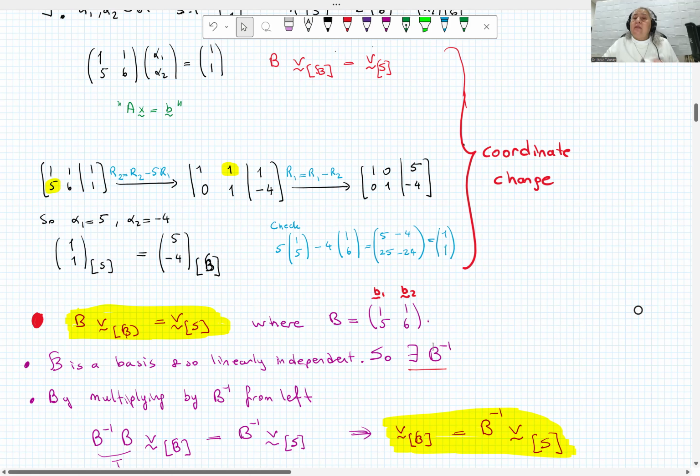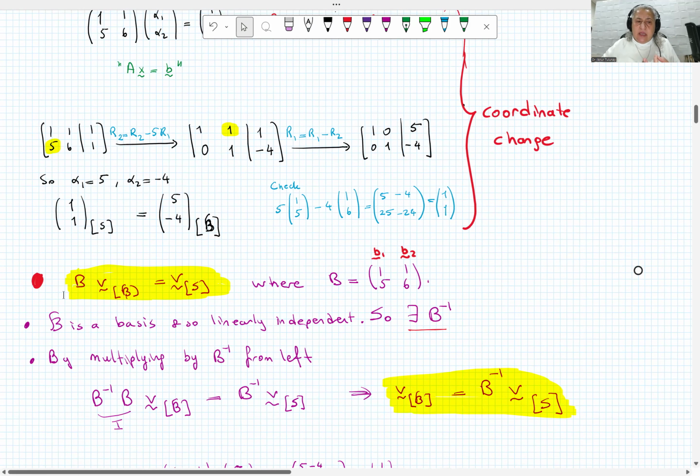Since there exists a B inverse, we can multiply this equation by B inverse, which will give us exactly VB. If you multiply B inverse from this side, you will have B inverse B, which will give you identity, so you are left only with the vector VB. And since you multiply by B inverse, you will have a B inverse here, that's B inverse VS. So this equation is equivalent to this equation.